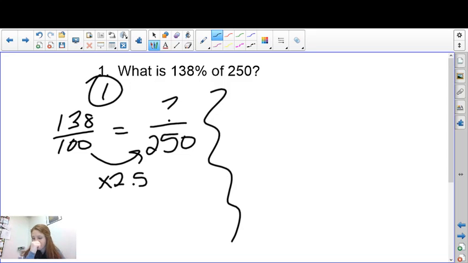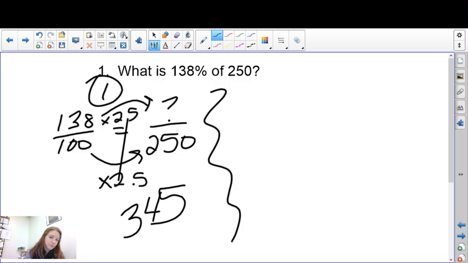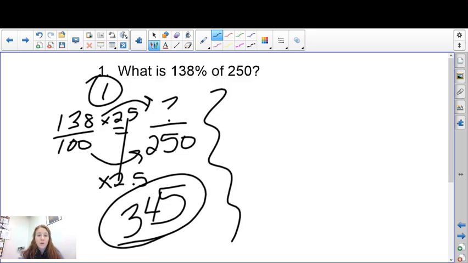So I'm going to take this times 2.5. And it should be bigger because 138% is way bigger than 100%. And we should get 345. Or we learned our second method, which I prefer, which is just turning that into a sentence.